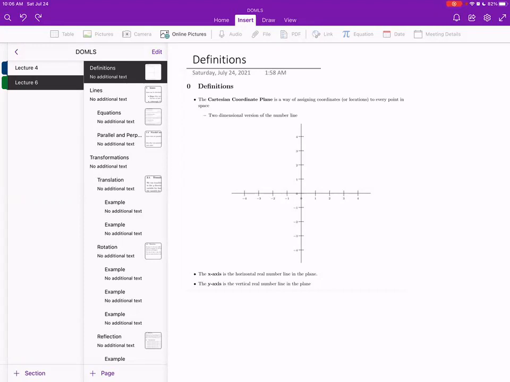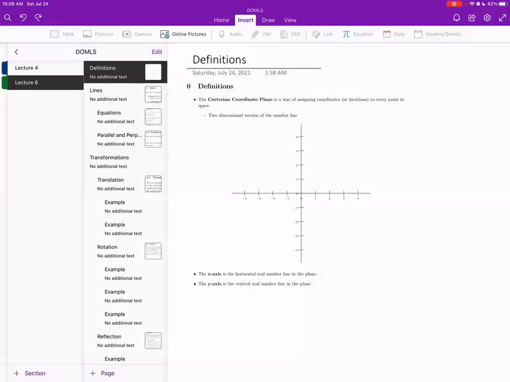Cartesian coordinates work with something called the Cartesian coordinate plane, which is a way of assigning coordinates to the points on this plane. A plane is just a flat surface. You can think of it as a completely flat, infinitely thin surface, almost a two-dimensional version of the number line.